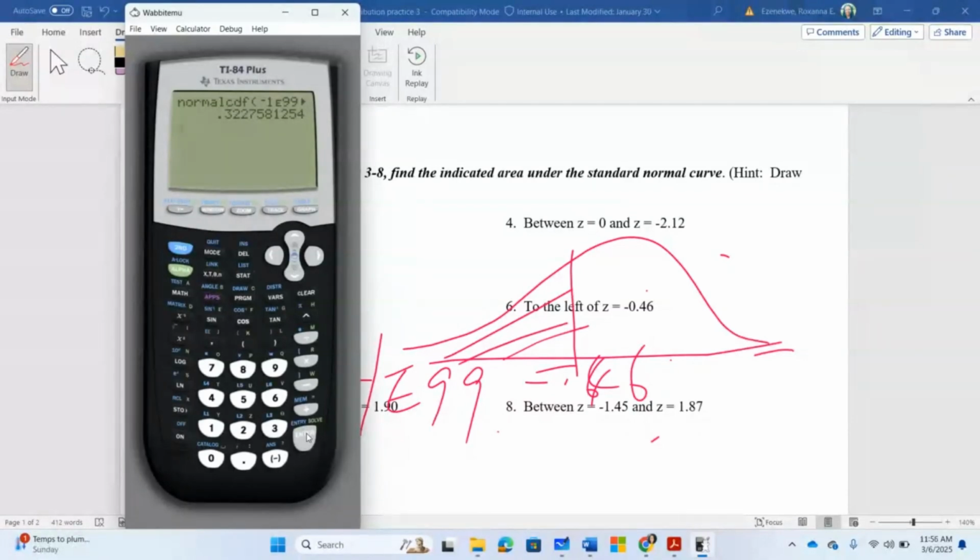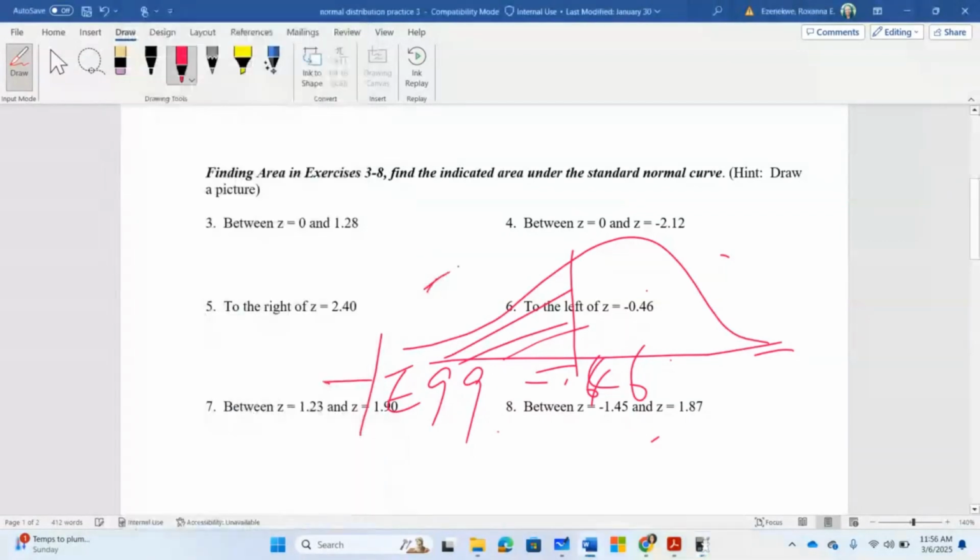Remember, that area cannot be negative. Therefore, area of this section is 0.3328. The most important thing is that you know how to put in infinity. We did this before. You should know how to put in infinity.